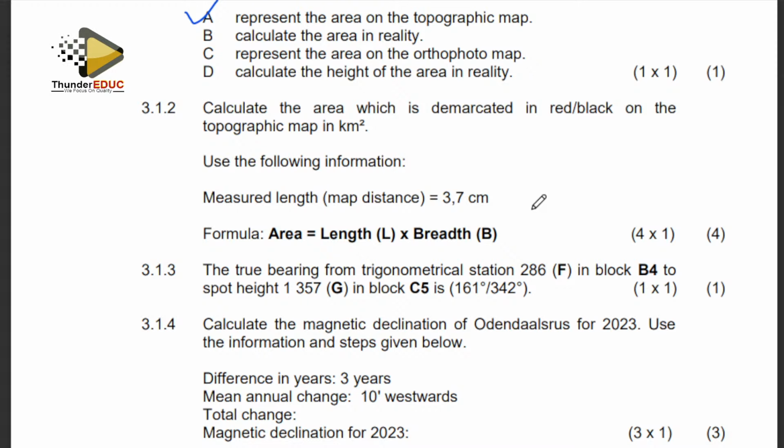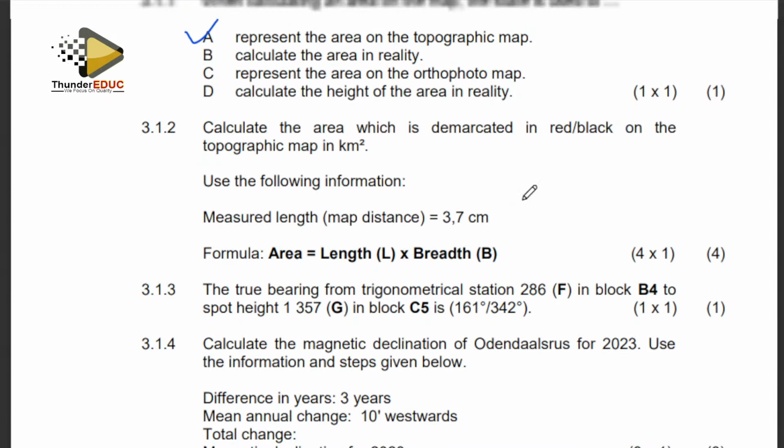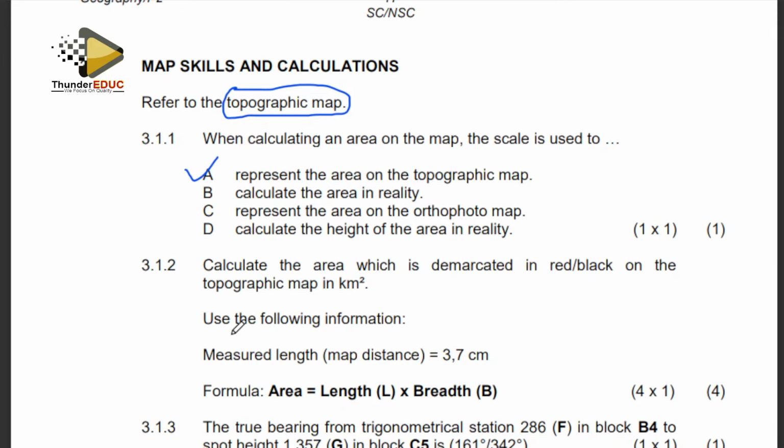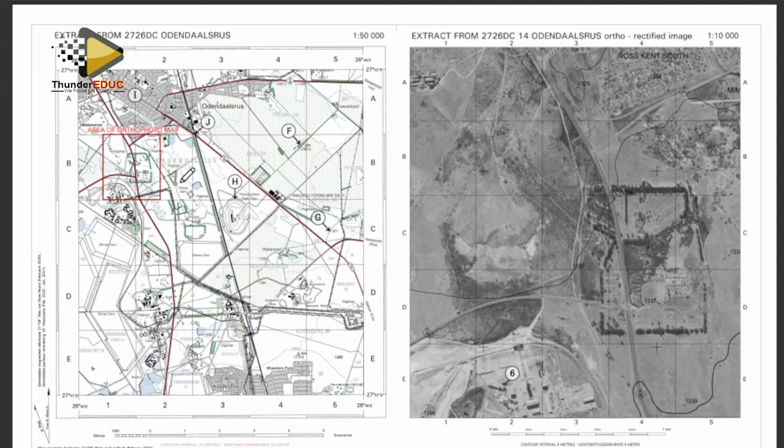We quickly measure our distance, and we convert it the way they want it to be converted. They said the length is already measured, 3.7. We have this part here, and this part here. The longest part will always be the length, and the shortest part will always be the breadth.